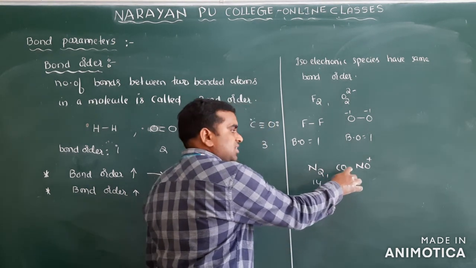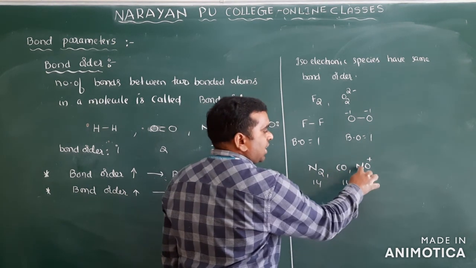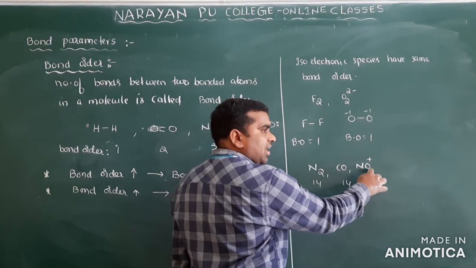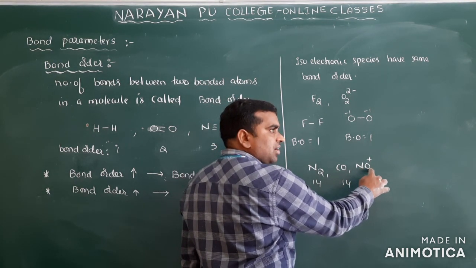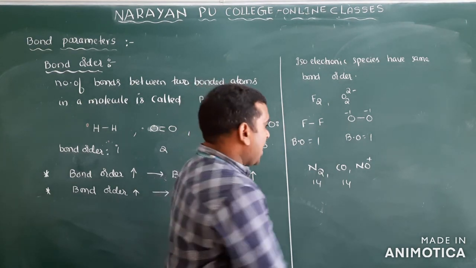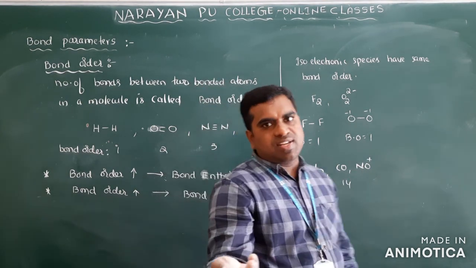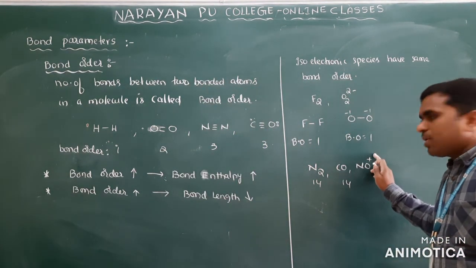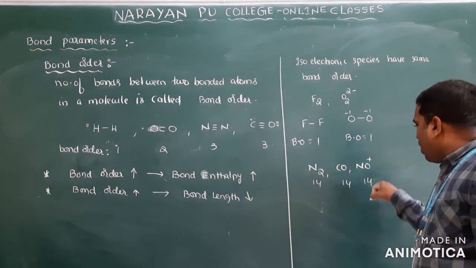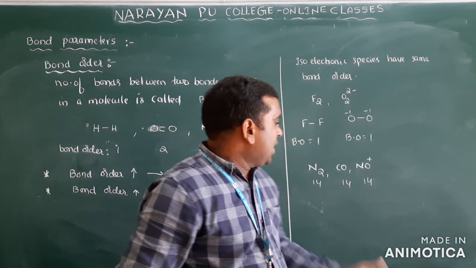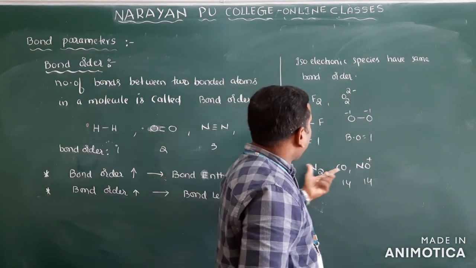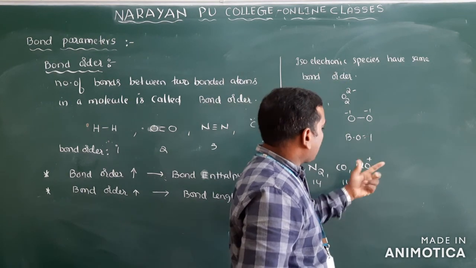Carbon and oxygen: 6 plus 8, 14. Nitrogen is 7 and oxygen is 8, that is 15. Plus 1 means remove 1 electron, 14. All have the same electrons, so all of these are called isoelectronic species.